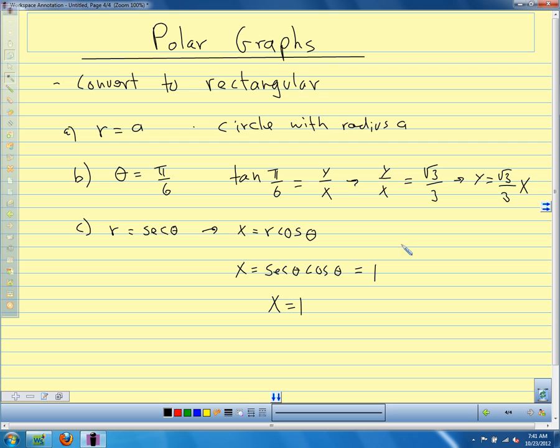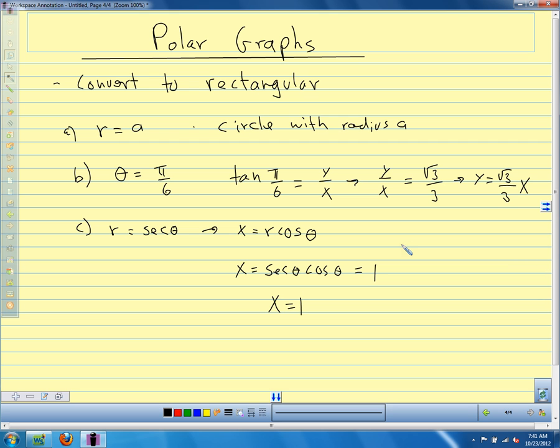And if you're in doubt, double check, plug in some points so that you're sure you're graphing your equations, or that you're looking at the interval that you're interested in.